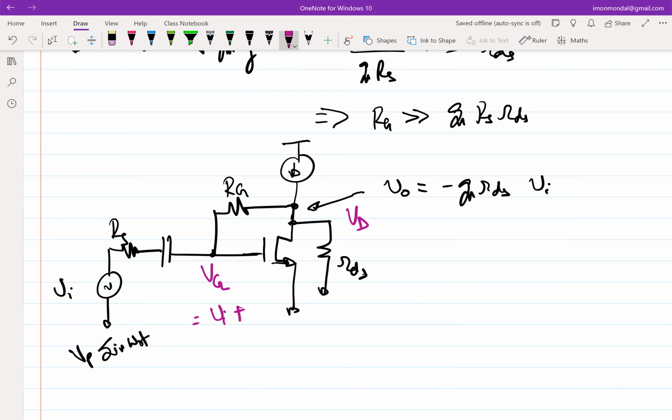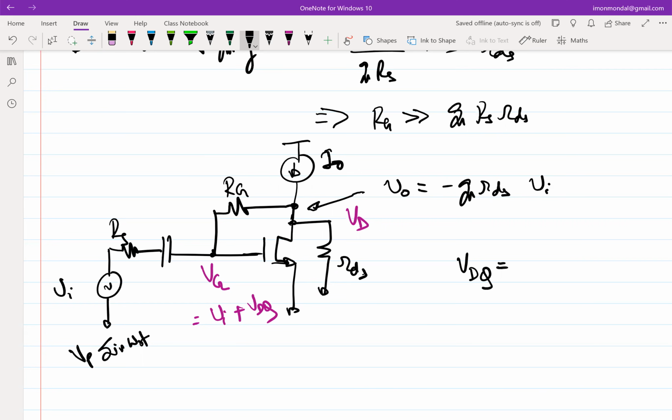Now quiescent voltage at VG and quiescent voltage at drain are identical, right? So this is VDQ. What is quiescent drain voltage? What is VDQ in terms of the parameters that you know? You know threshold voltage, you know mu Cox, those things you know, right?